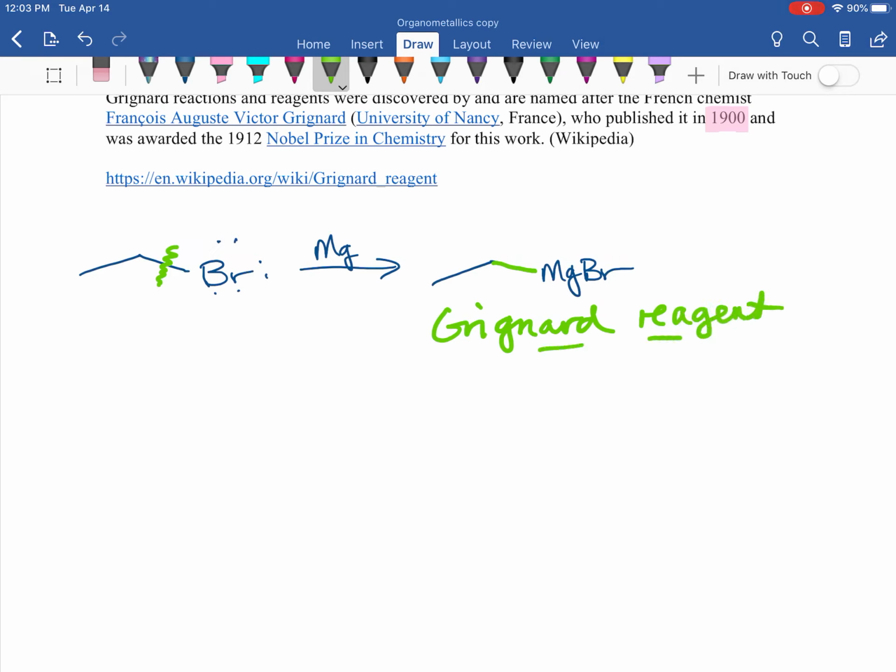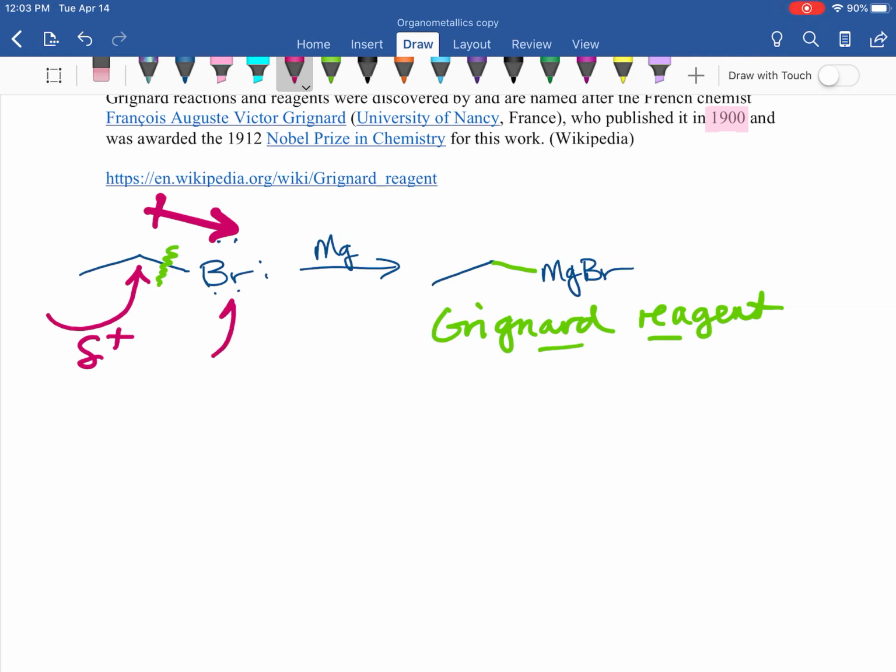Now, I want to start here because I want to hit some vocab. This is awesome. This is exactly two of the perfect reasons why we want to use some metals with our organic chemistry. The first one is, let's take a look at this starting alkyl halide. When we make these in OChem 1, the first thing we look at is, let's draw a polar arrow there and look at the reactivity.